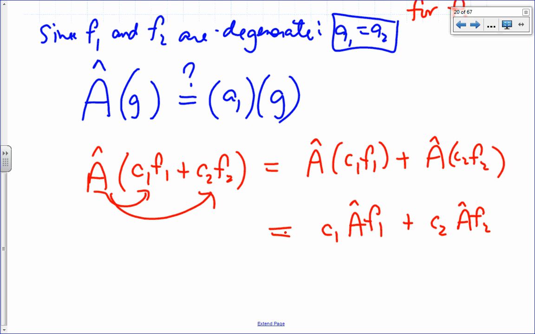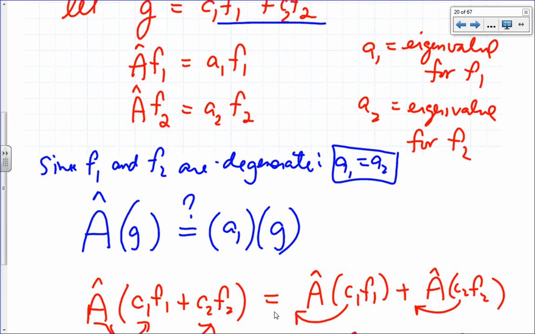Okay, what do I know about A? So that's the constant being pulled out, right? These first two steps are simply the application of the definition of a linear operator, right? So now, what do we do? What's A hat f1? f1 is an eigenfunction with eigenvalue equal to a1.